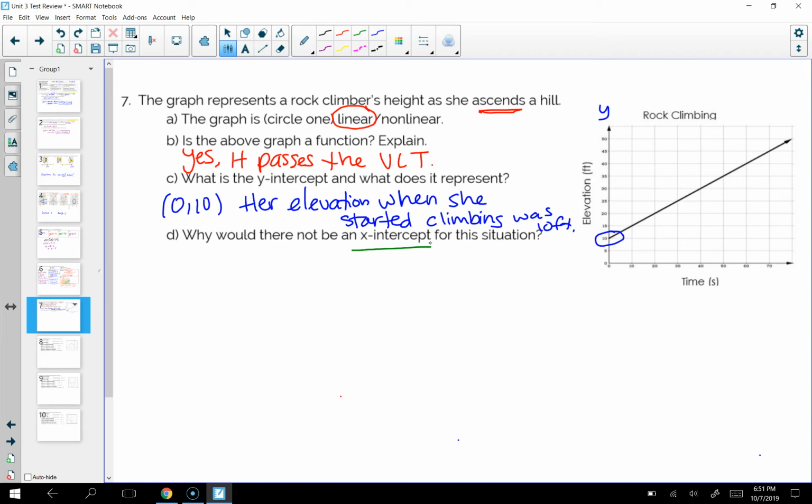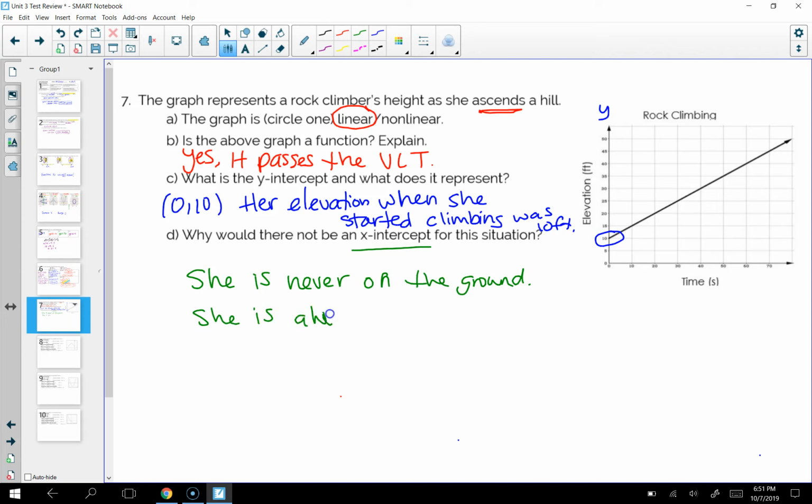It looks like she's already starting above the ground. Maybe she's already on a rock or something. She's going up a hill, so she is never on the ground, and she's always climbing up.